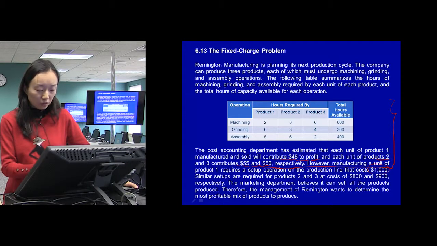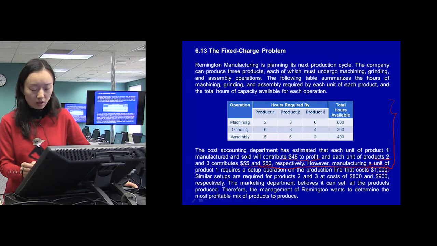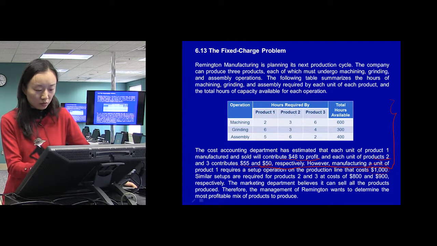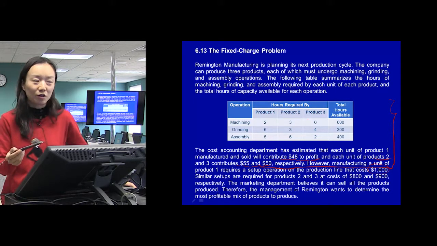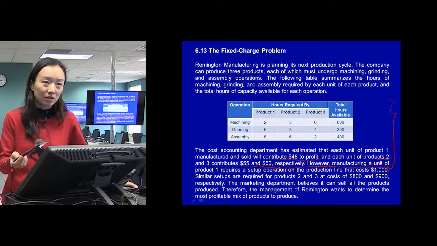If we produce product 1, we need to subtract this setup cost. If we produce product 2, we subtract this cost. If we produce product 3, we subtract this cost. But the problem is that we don't know whether we're going to produce them before we know the optimal solution, the optimal objective.